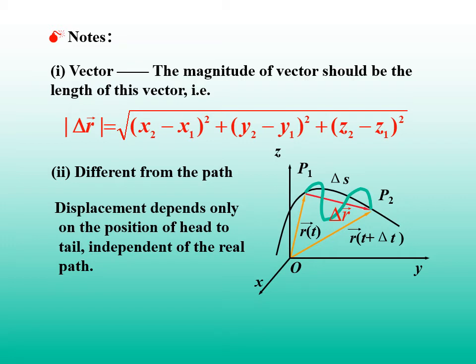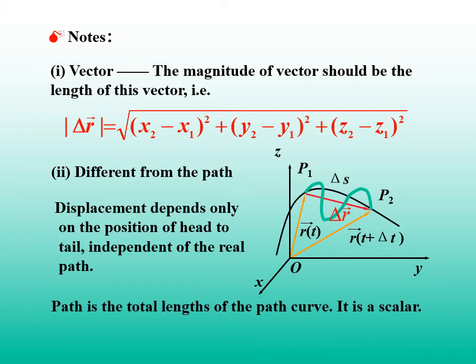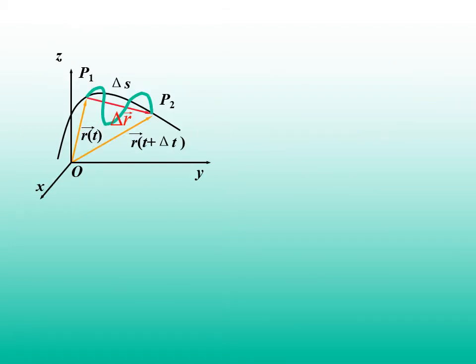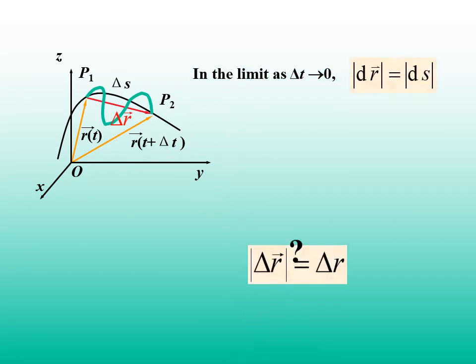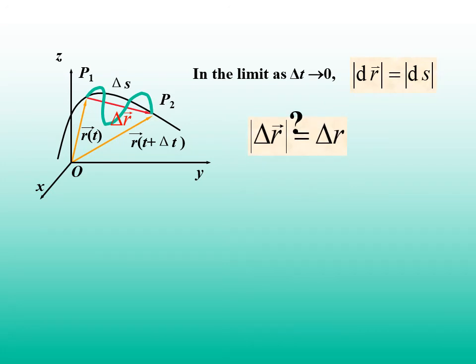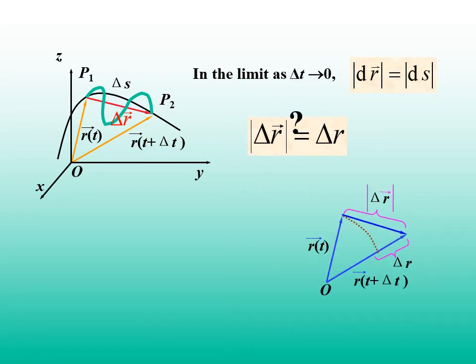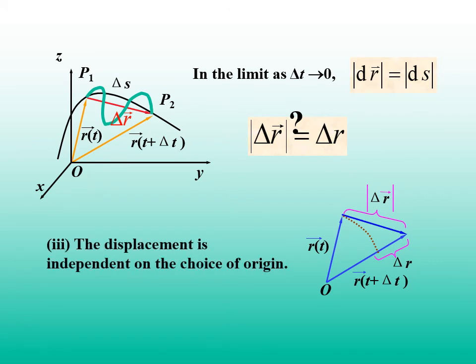Displacement depends only on the positions of head and tail, independent of the real path. Path is the total length of the path curve. It is a scalar. In the limit as the time interval approaches 0, the infinitesimal element dr equals ds. Third, the displacement is independent of the choice of origin of the coordinates.